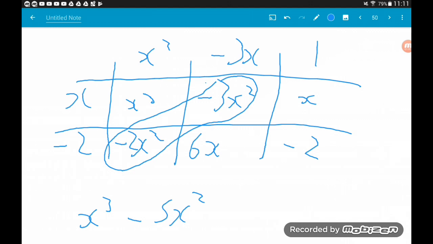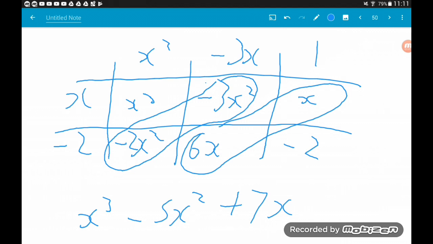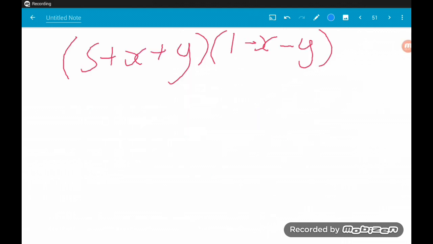So then we've got 6x add 1x, so that's these two terms, so that's 7x, and then we've got minus 2 at the end. Lovely jubbly.